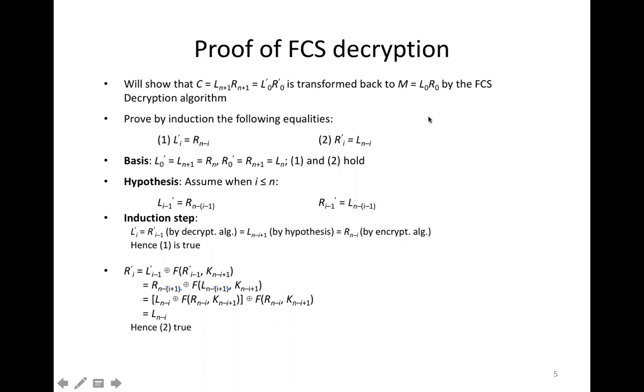So that is the proof that this Feistel cipher scheme works. It is encryption and decryption, even though the substitution function F it uses doesn't have to be an encryption. It doesn't have to be invertible. And moreover, any implementation of F will work.